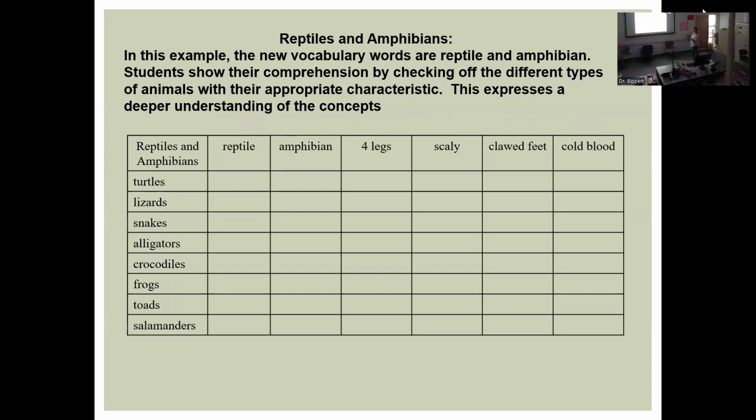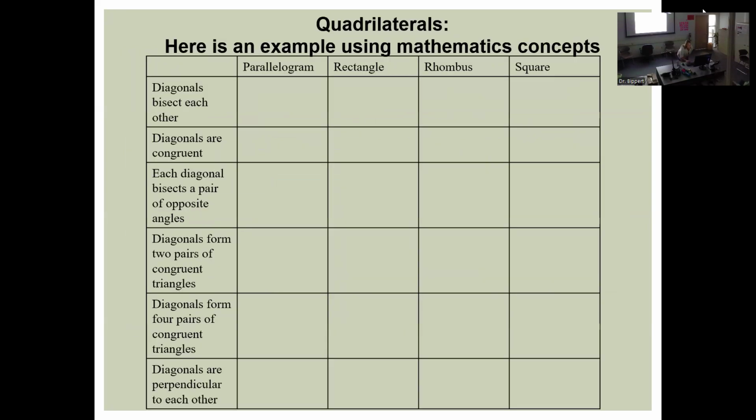So it's not just learning about reptiles and amphibians. It's also, well, let me show you the next example. This one's probably a lot more complex, because now not only do I need to know the differences in these geometric shapes, but I need to know what a diagonal is, what a bisect is, what congruent means, and so forth. Perpendicular.